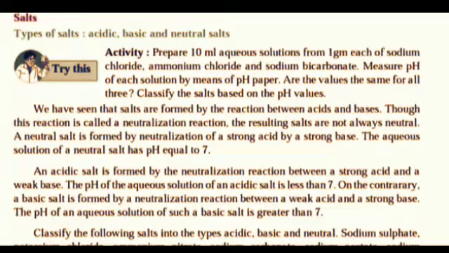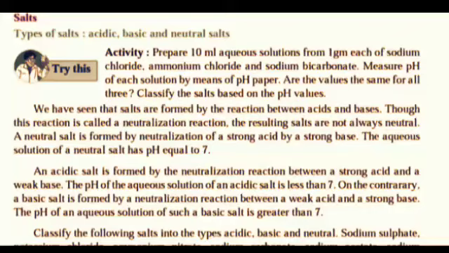We have seen that salts are formed by the reactions between acid and bases. This reaction is called a neutralization reaction. The resulting salts are not always neutral. A neutral salt is formed by neutralization of a strong acid by a strong base.